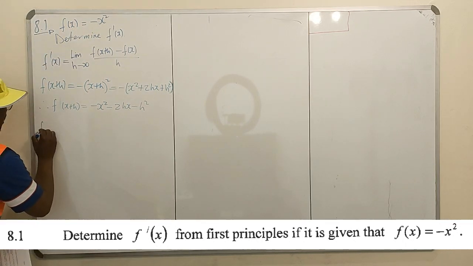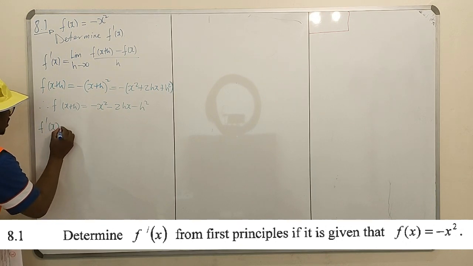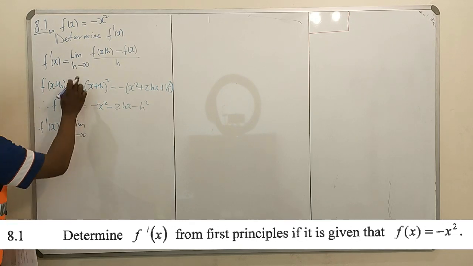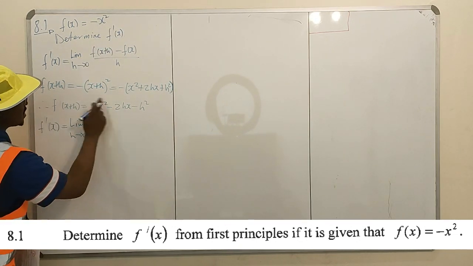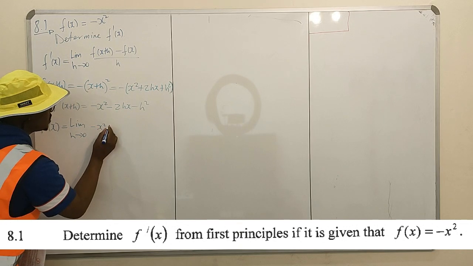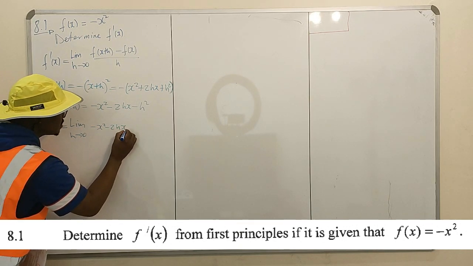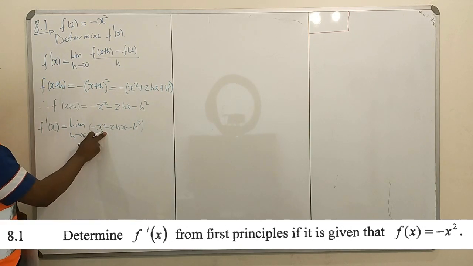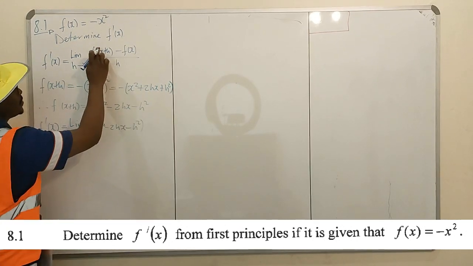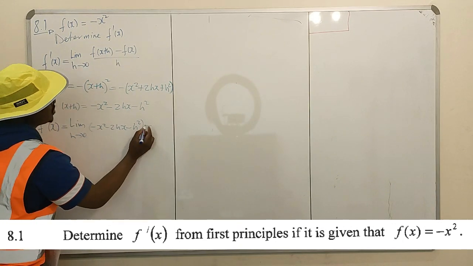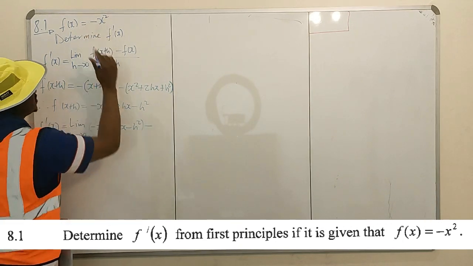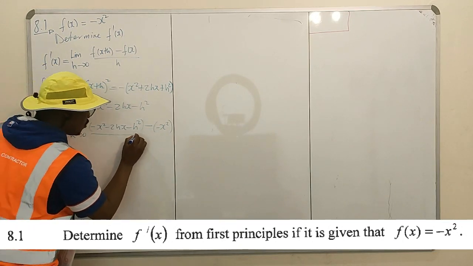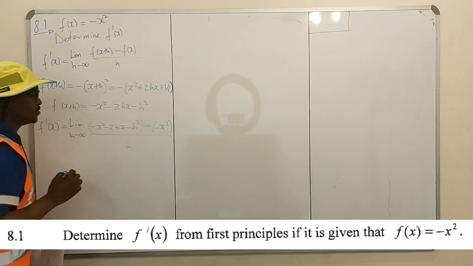You say f prime at x, my derivative, is the limit as h goes to 0 of f at x plus h, which is this: negative x squared minus 2hx minus h squared, minus f of x. What is your f of x? Your f of x is negative x squared, and you close all over h.